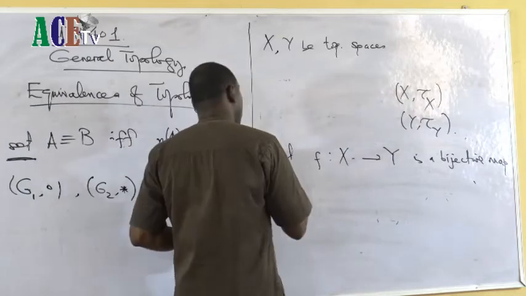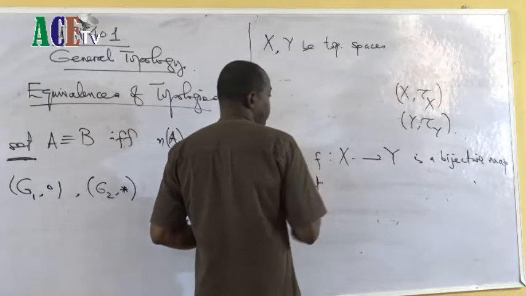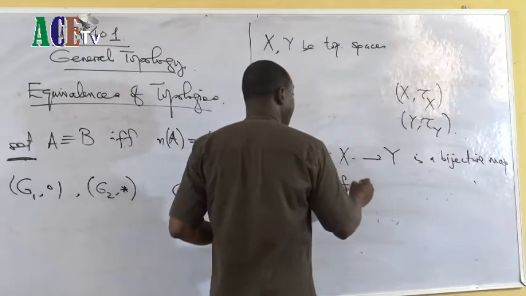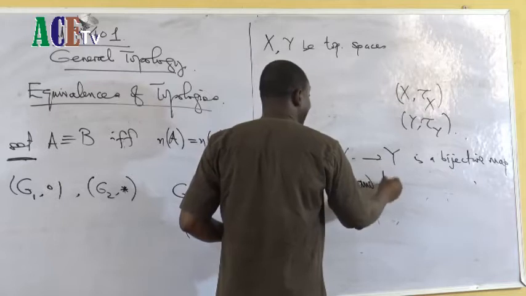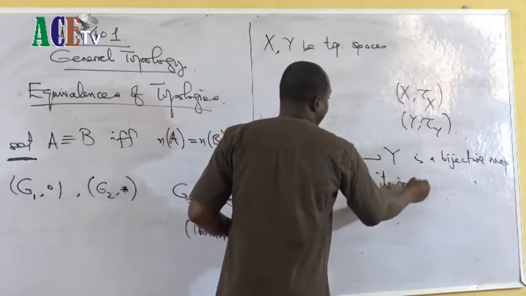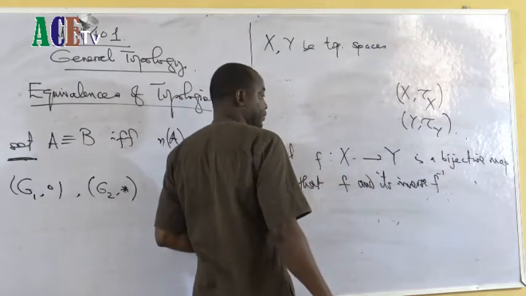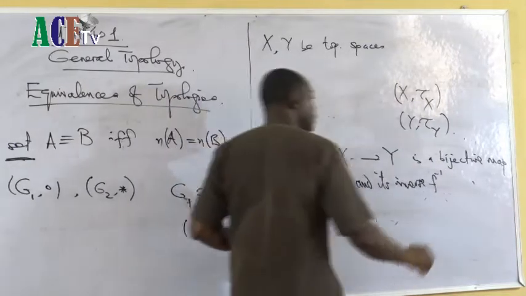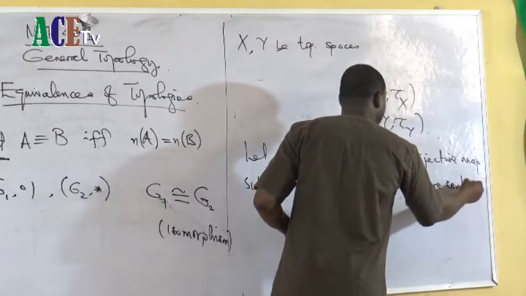such that it is not just a map, but a bijective map, such that F, that is the map, and its inverse are continuous.